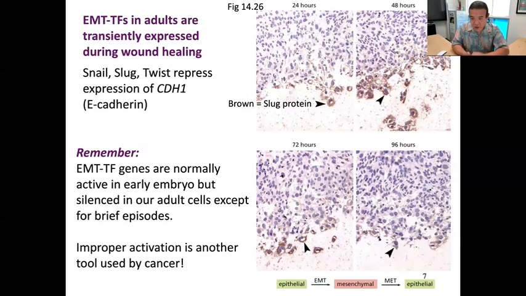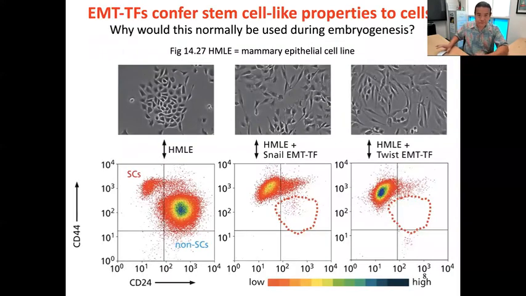In other words, what if the regulation or the silencing of these genes has been reversed just through mutations? And you have tumor cells that are actively expressing snail, slug, or twist all the time. So we know that when you expose cells to these EMT transcription factors, it makes them more stem cell-like. So for example, here are some human mammary epithelial cells, these HMLEs.